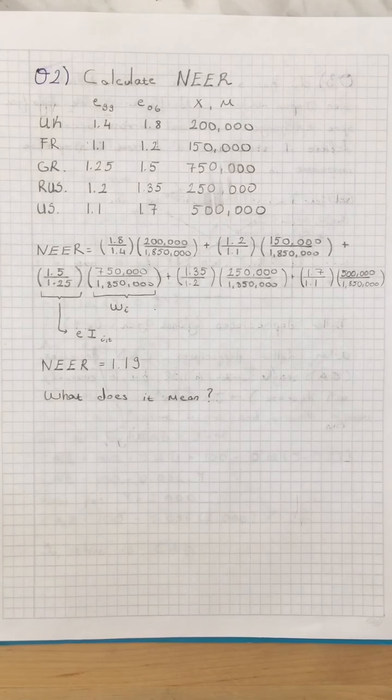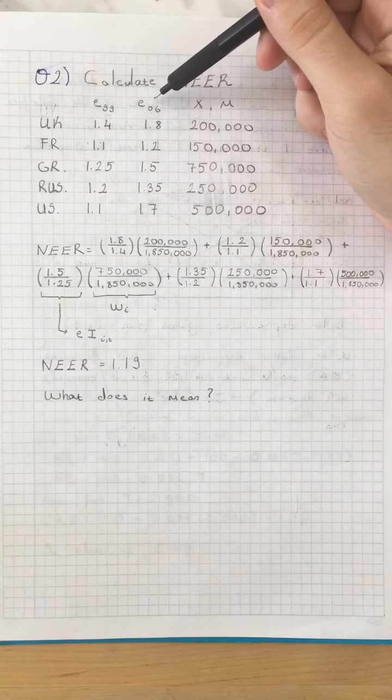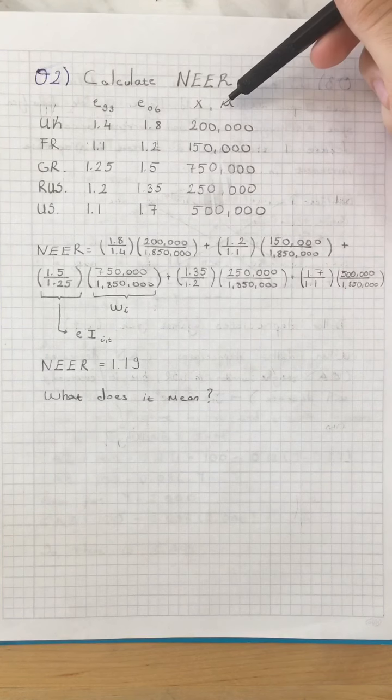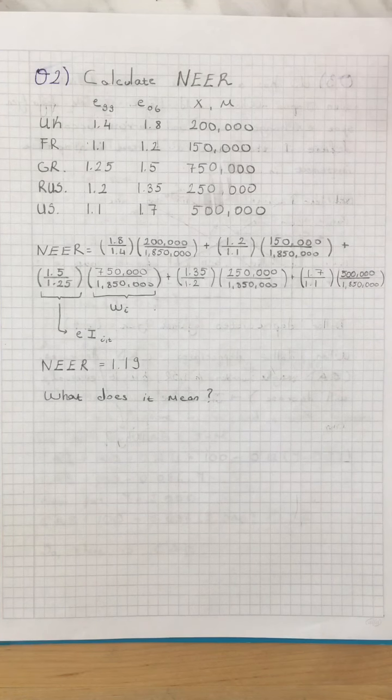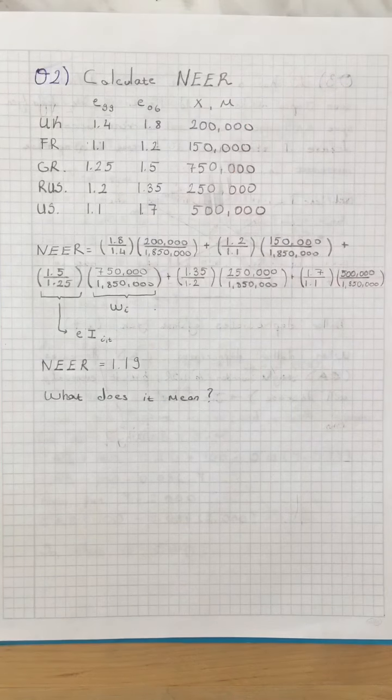In the second question, we are given a table of different countries and their exchange rates in 1999 and in 2006, and we are given our trade volumes with these countries. And we are asked to find the nominal effective exchange rate in 2006 using 1999 as our base year.